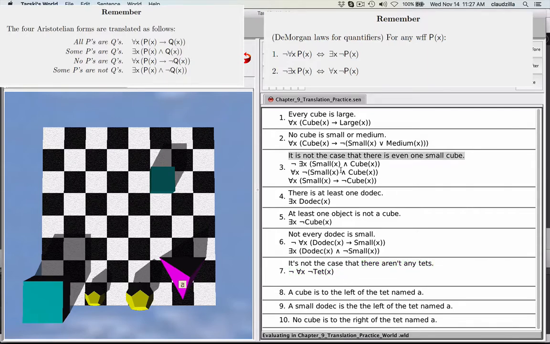And we could say, it's not the case that there is even one, but we'd still have to have our negation out front. It's not the case that.